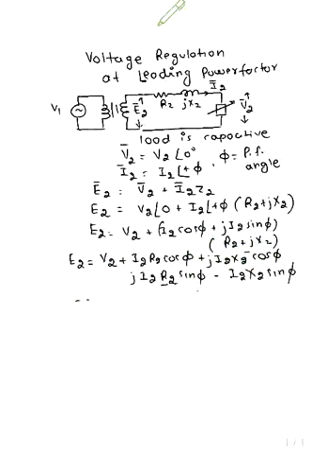Now after neglecting the imaginary term, we can write the real terms: E2 is equal to V2 plus I2 R2 cos phi minus I2 X2 sin phi.